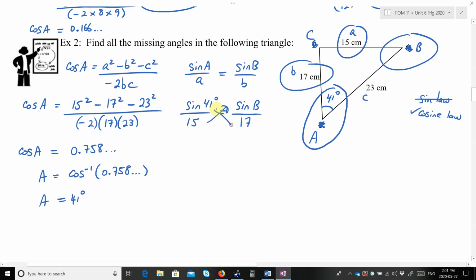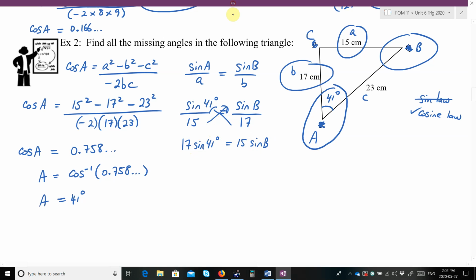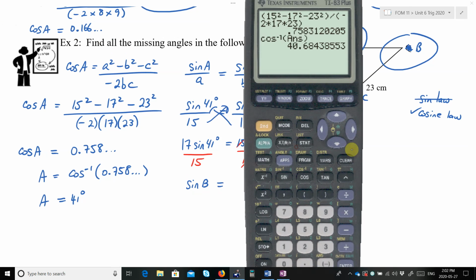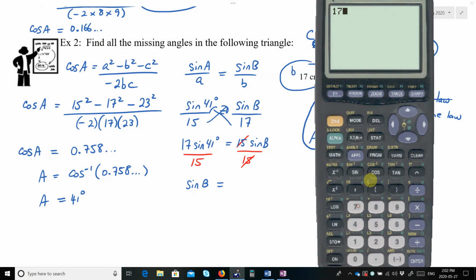Okay, so you can start with cross multiplying and you get 17 sine 41 degrees equals 15 sine B. But then notice we're just going to divide the 15 back down. So we could have just left it there to begin with. So sine B is equal to all of that, 17 sine 41 divided by 15, 0.743.